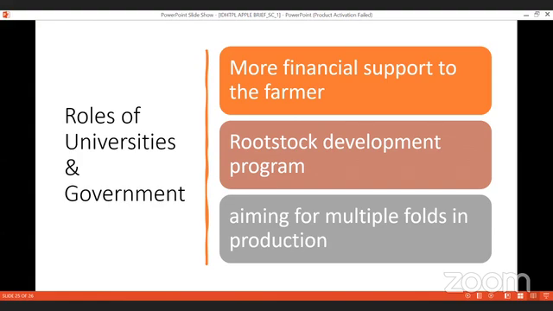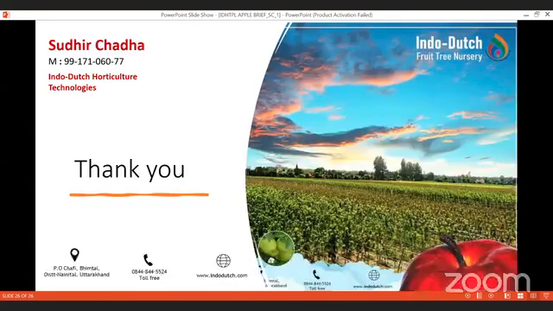So more financial support is required, and we need to do rootstock development programs, aiming at multiple folds in production. Production as of date in India is something like 1.5 to 2 million, but it needs to be more than 20 folds. We need 20 to 30 million plants every year in India. So here the role of the university and the government has to be defined.